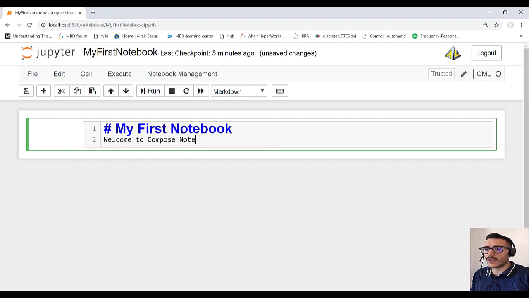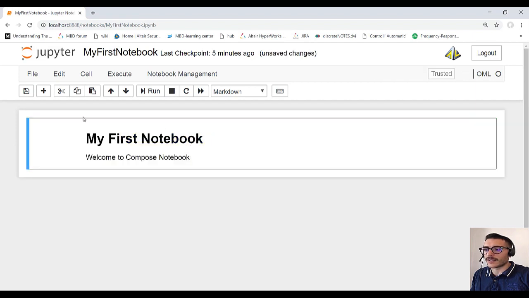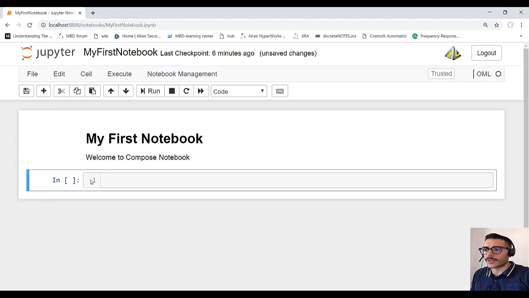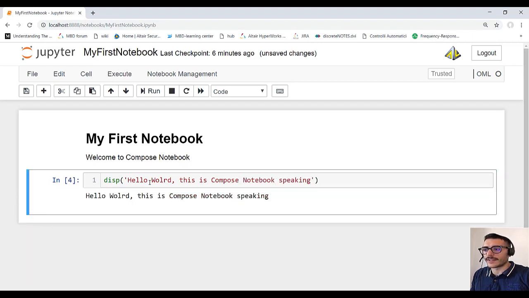After that, maybe you want to add a coding cell. So I'm going to select code as the type of this cell. And I'm going to type some code. For example, here I'm going to ask to print out a string, the one that I'm typing. And the best part of the notebook is that you can edit your scripts as you wish.